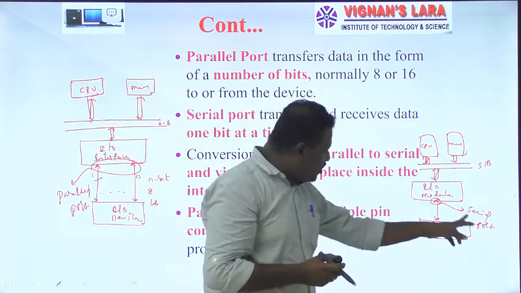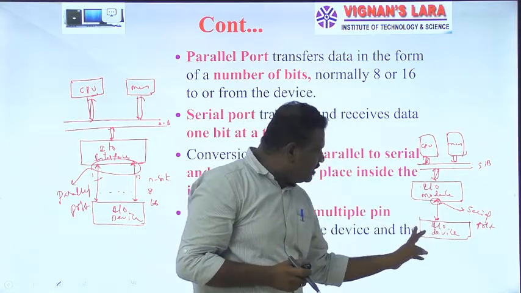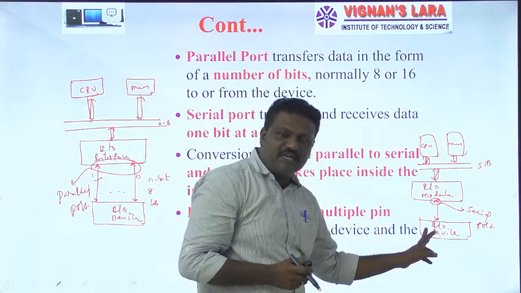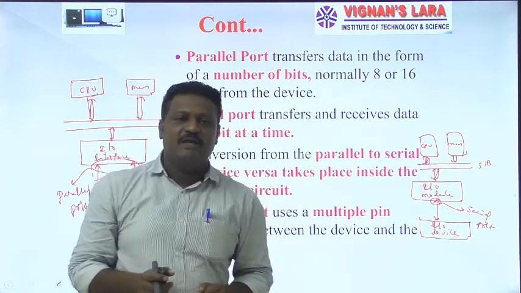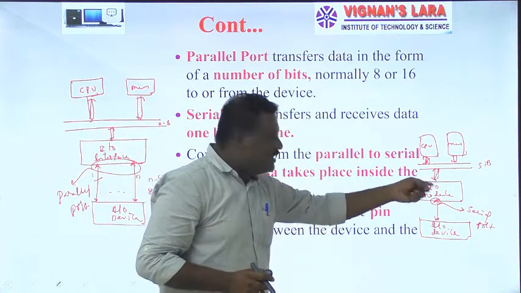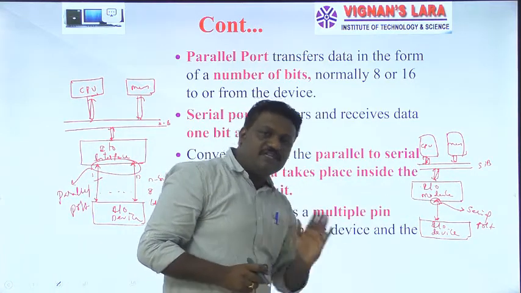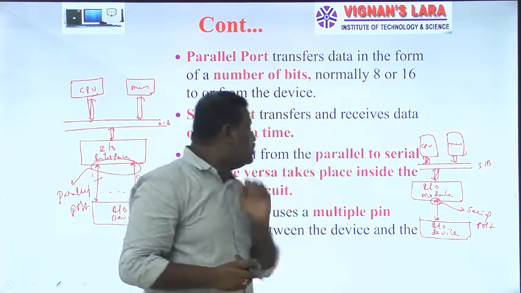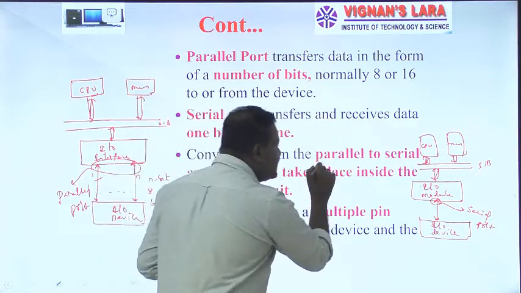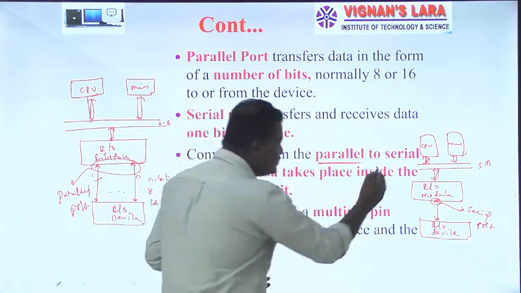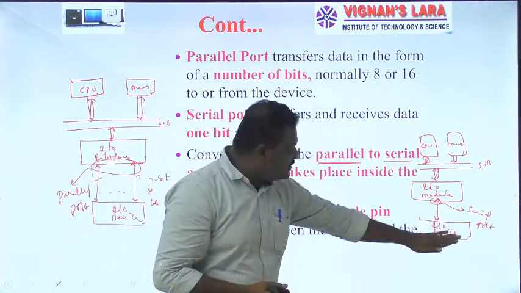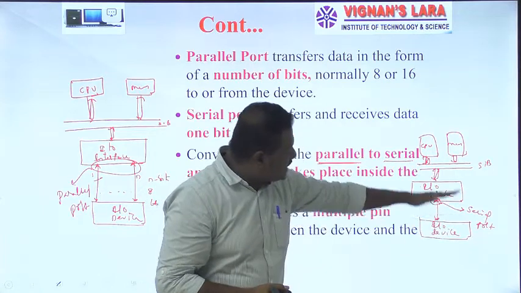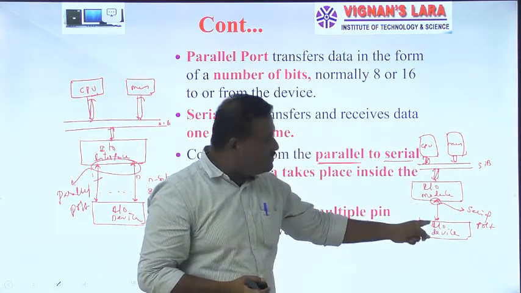But this module can't send the information parallelly to the I/O device. Why? Because this I/O device only knows serial communication. So here what I need is that this I/O module or I/O interface must be able to convert the received data, which is in parallel, to serial form. In a similar way, for example, if this device was an input device, it transfers the data to the I/O module only bit by bit.